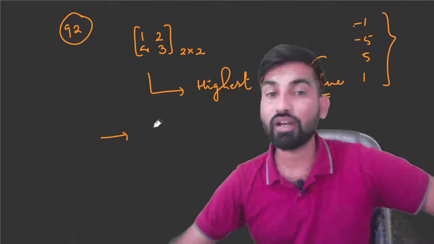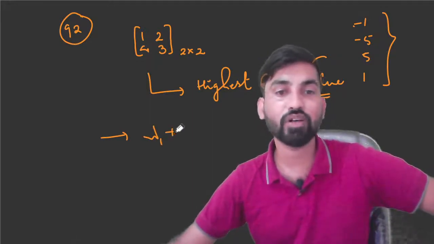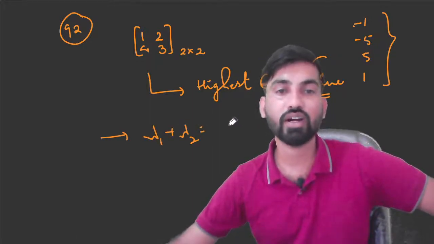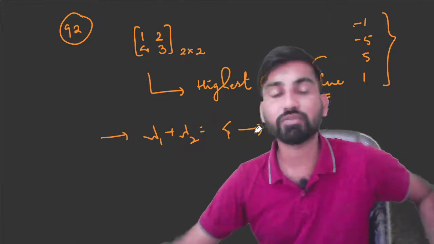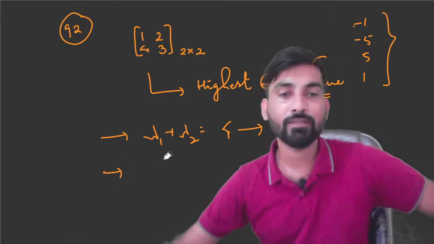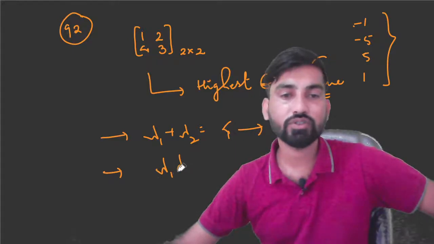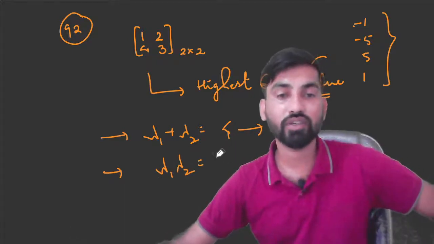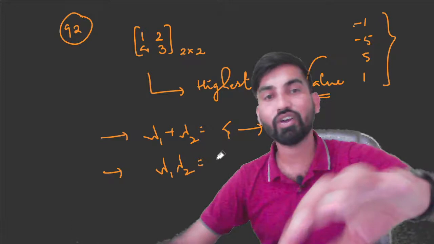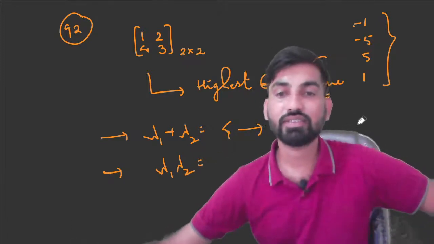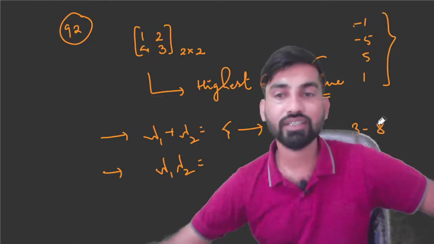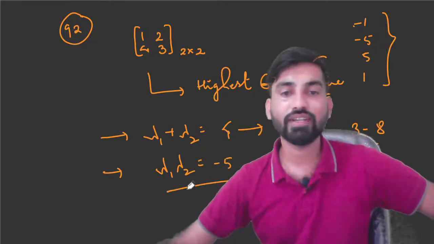So if you talk about the two lambdas, lambda 1 plus lambda 2 is going to be 4, okay, from the trace property, the trace of the matrix, and lambda 1 into lambda 2 equals the determinant. So it will be 3 minus 8, and that is going to be -5. So here you can see -5, right?